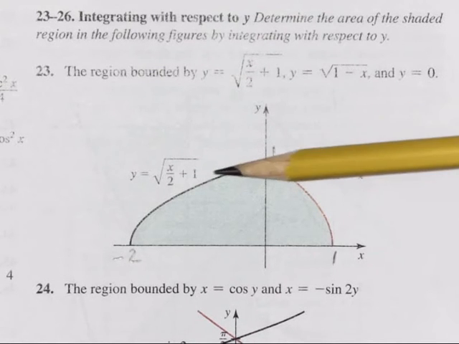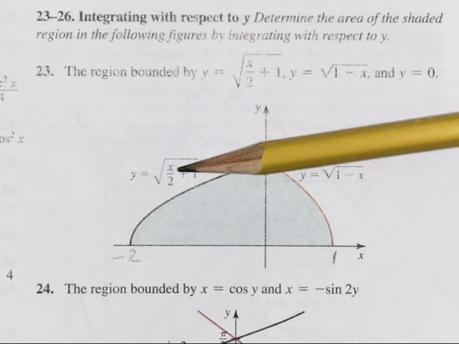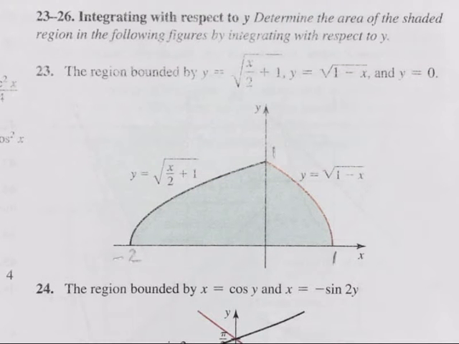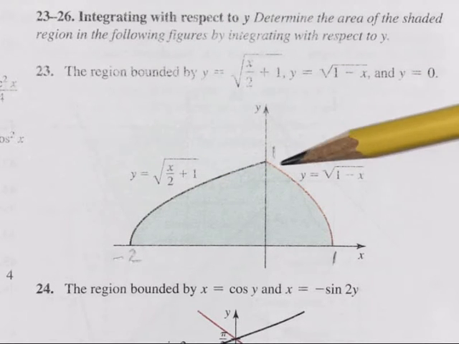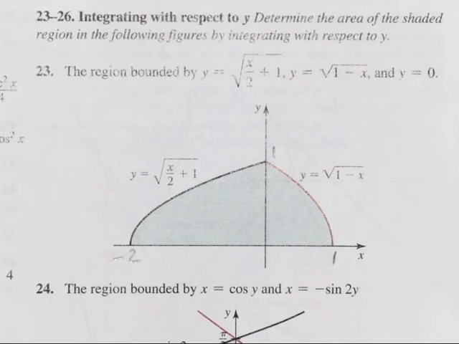Notice we've got two different functions here. We've got y equals root of x over 2 plus 1, and the one on the right hand side is root of 1 minus x, and they're both positive roots. It's also bounded by y equals 0, which is essentially just the x-axis.